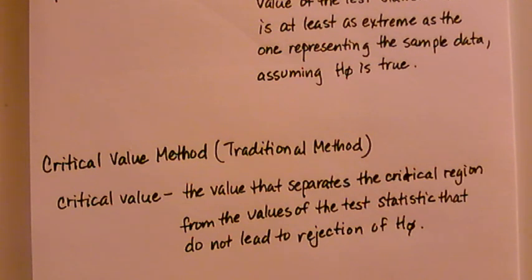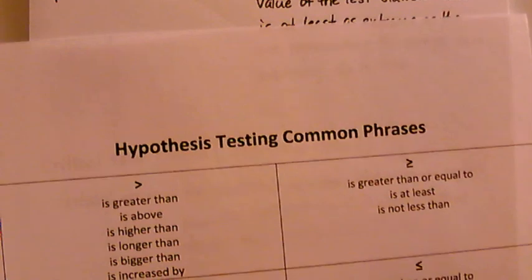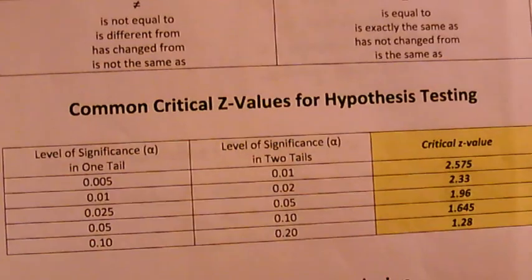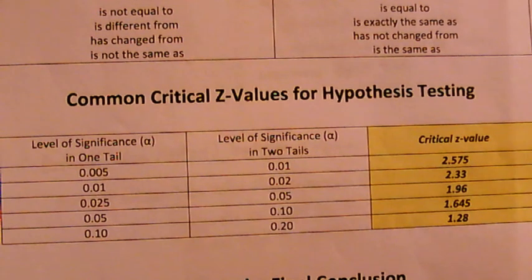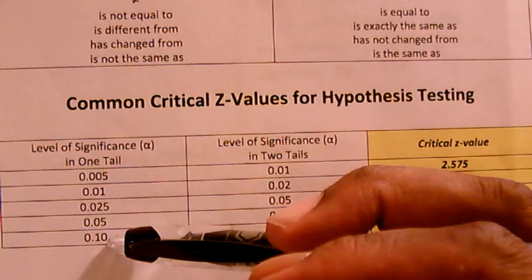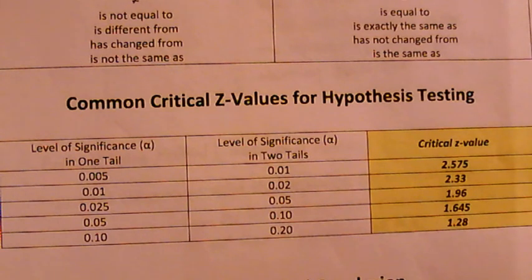Okay, and I also have a handout that has not only the common phrases for hypothesis testing, it also has the common critical z values for hypothesis testing. So if you have a one-tail test, which is left tail or right tail, you'll look in this column and then read across to find out what your critical value is.